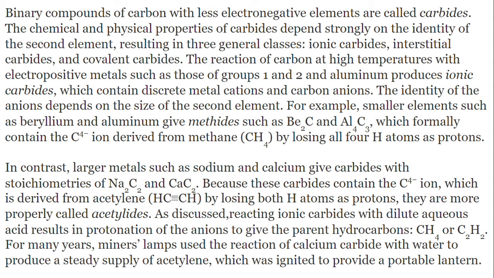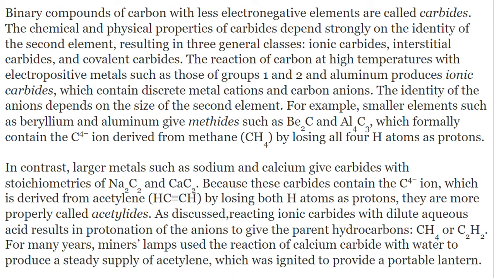For example, smaller elements such as beryllium and aluminium give methides such as Be2C and Al4C3, which formally contain the C4- ion derived from methane by losing all four hydrogen atoms as protons.